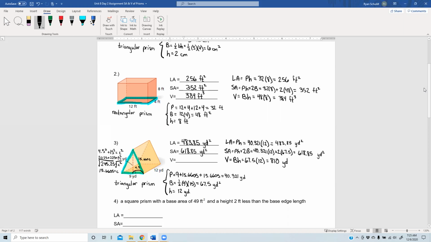We're doing volume, so this will be cubed. 810 yards cubed. Whew, okay, there's the first three.